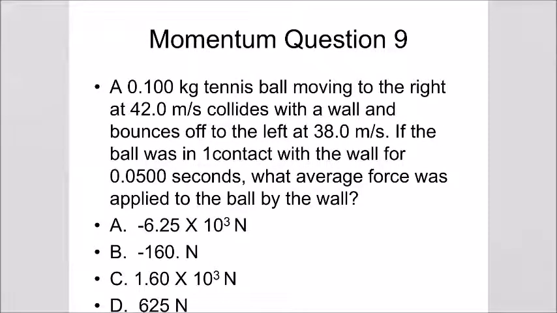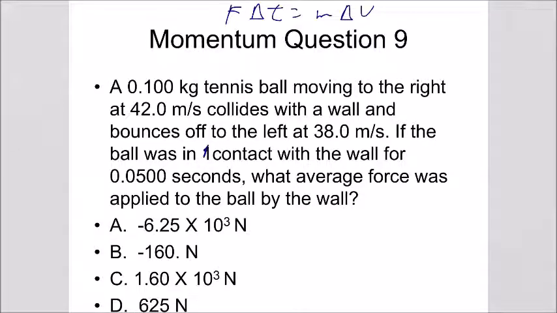Alright, again, this looks like a very similar problem. Same tennis ball, colliding the same way. But this time, if the ball was in contact with the wall for 0.05 seconds, what average force was applied to the ball by the wall? Now remember, when we're thinking about forces and momentum, we need to think about F delta T equals m delta v.